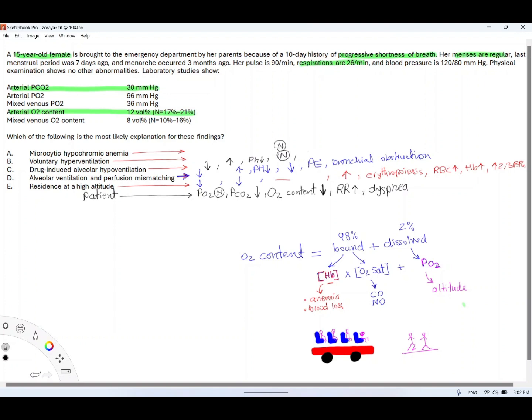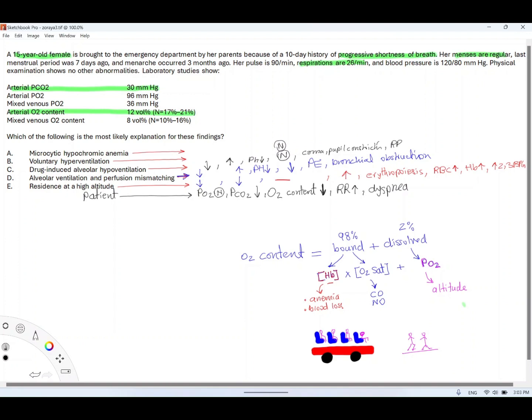And then the main issue for hypoventilation, let's say it's drug-induced, as choice C tells you. Opioids are some common causes of this. Opioids can cause coma, pupil constriction or pinpoint pupils, same thing, and you can have respiratory depression.